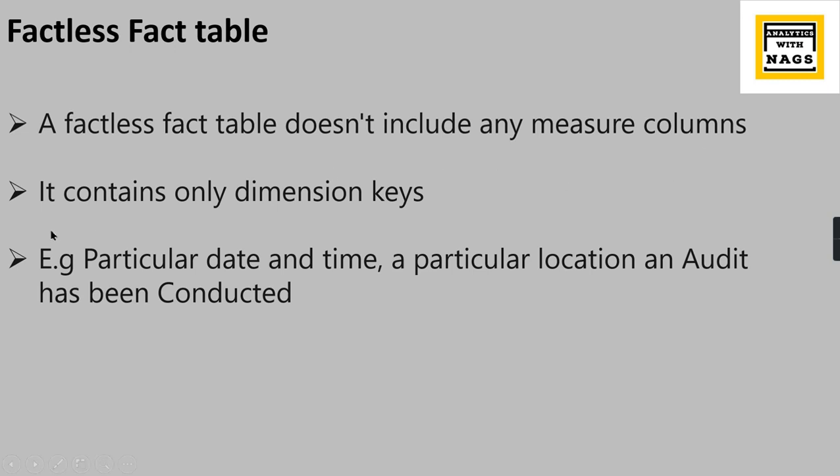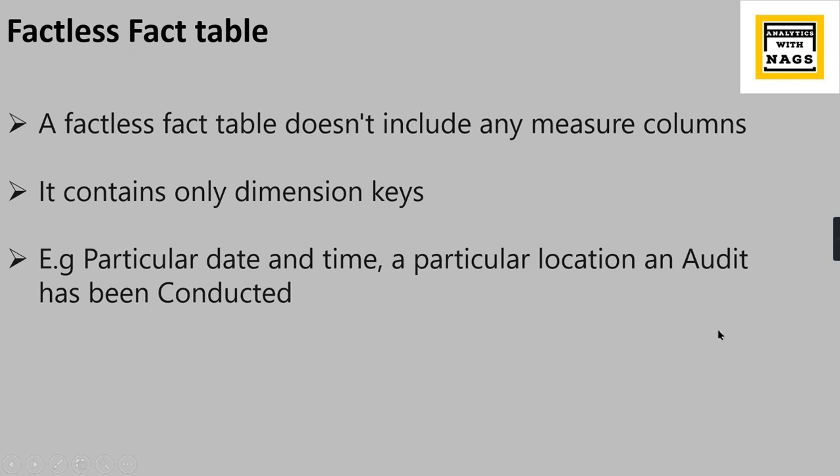So what does it contain then? It contains only dimension keys. You can imagine an example like this: it contains a date and time, a location, and an audit that has been conducted. So it contains only the audit ID, when it was conducted, who conducted it, and which location.